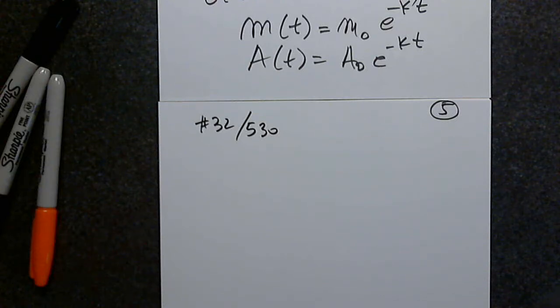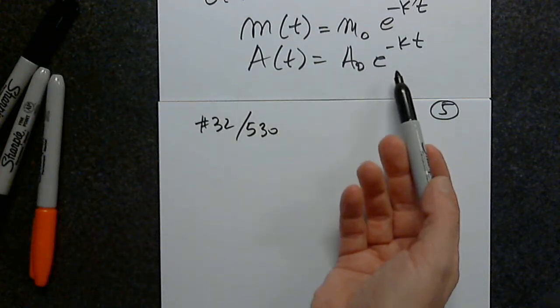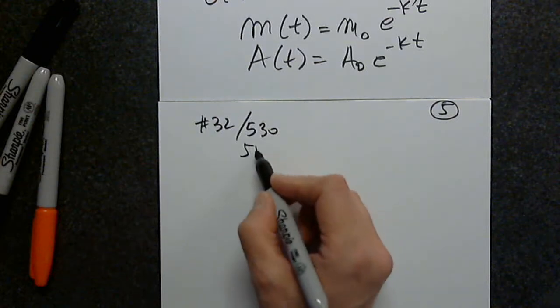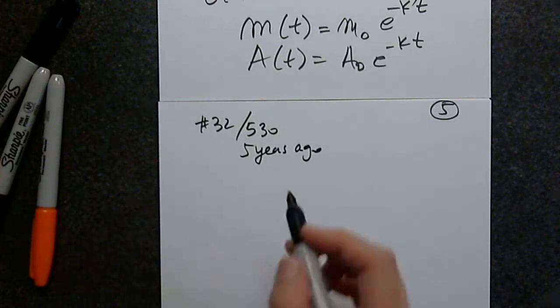A bird species in danger of extinction has a population that is decreasing exponentially. Five years ago, the population was 1,400.